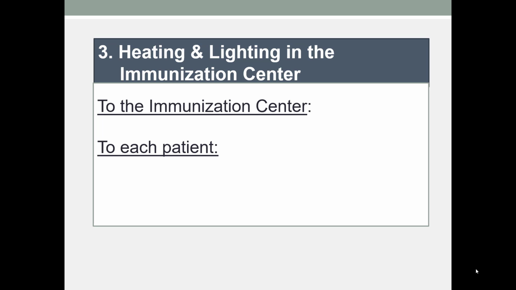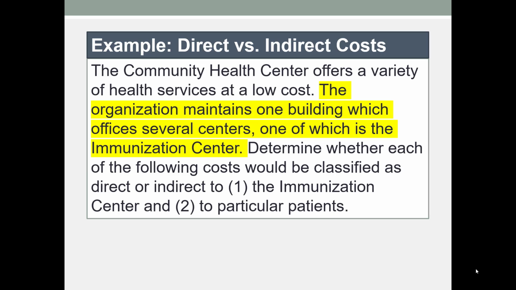Heating and lighting in the immunization center. Now here we have to be careful, and we go back and look at the information that's provided, and we see that they do have one building which offices several centers. So immunization, outpatient surgery, radiology, all share one building, which most likely means they have one heating bill that is sent to the entire organization.